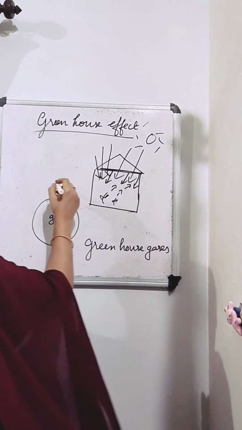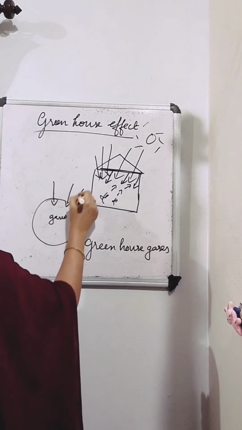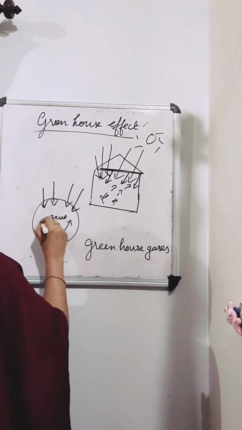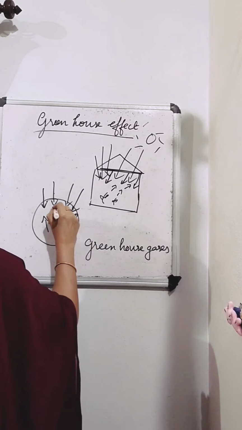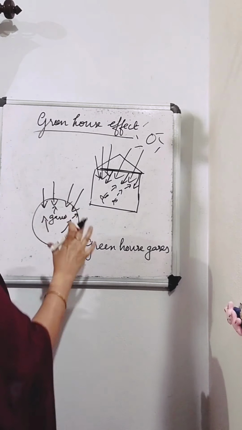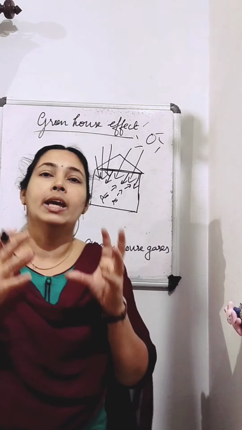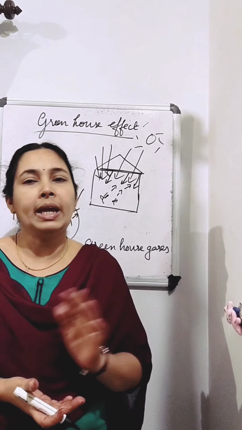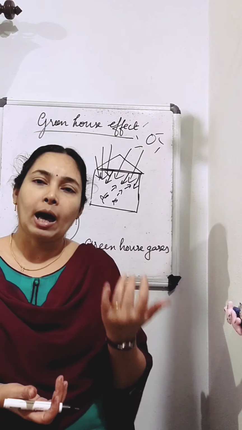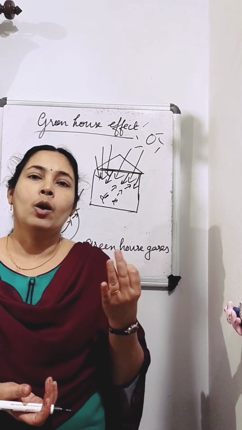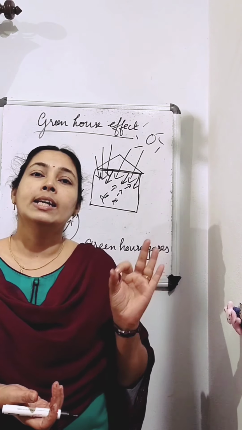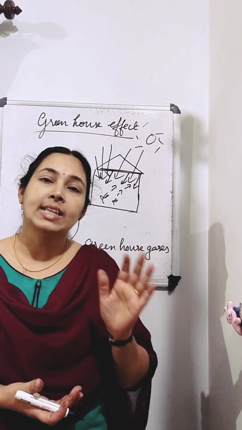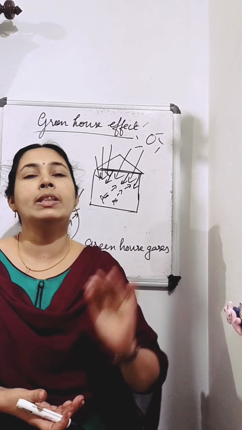So these gases trap the heat inside the Earth itself. The main greenhouse gases are carbon dioxide, methane, ozone, nitrous oxide, CFCs, etc.